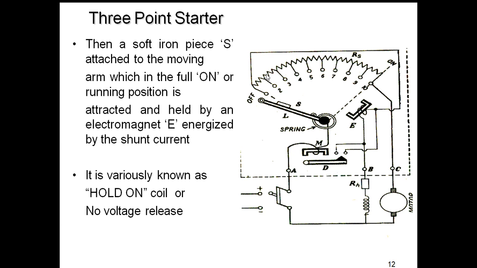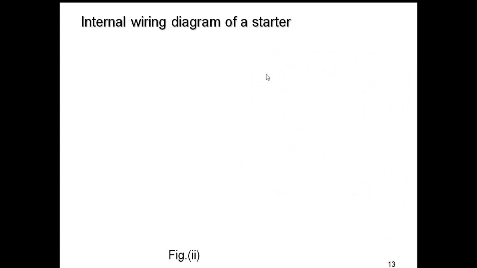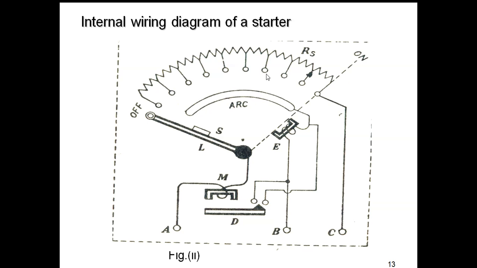It is known as the hold on coil or no voltage release coil. And this is the internal wiring diagram of the starter, and here the handle position is at off position.